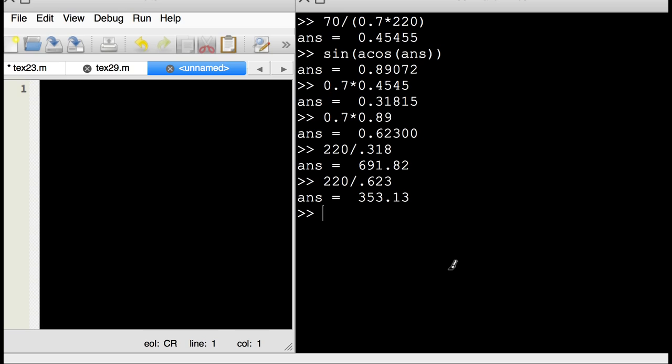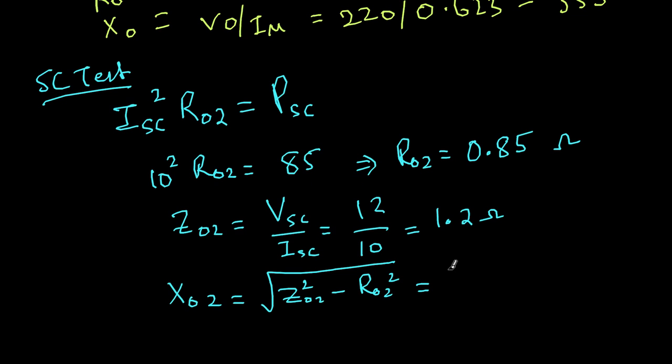That is the square root of 1.2 squared minus 0.85 squared. Again, I am getting 0.847. So this will give me X02.